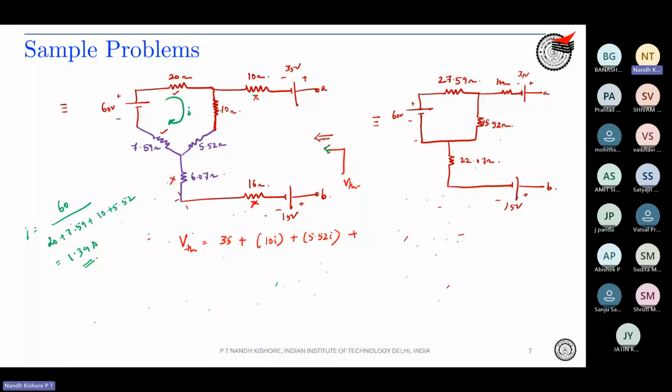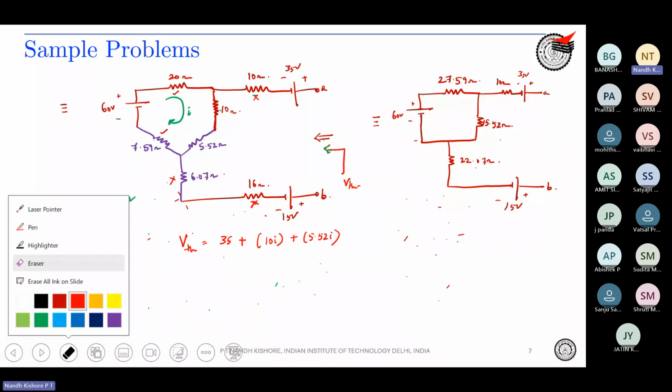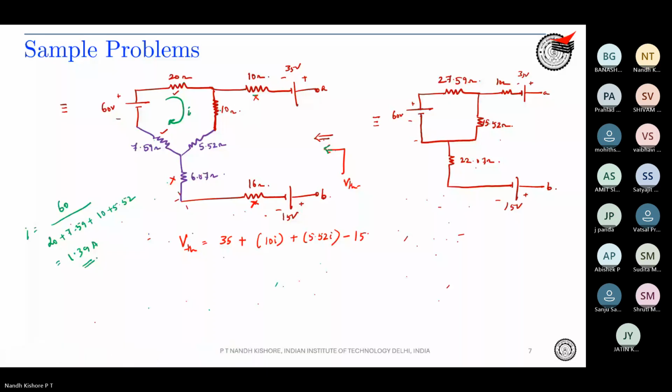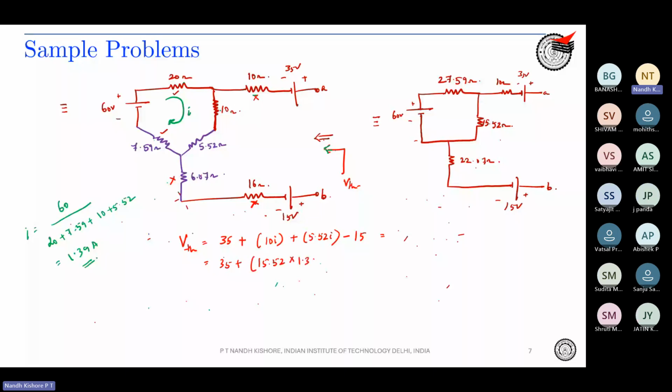So it is connected in negative polarity, for which I have to write minus 15. Okay, so what is the Thevenin voltage you will be getting? You will be getting 35 plus 15.52 into 1.39 minus 15, correct?